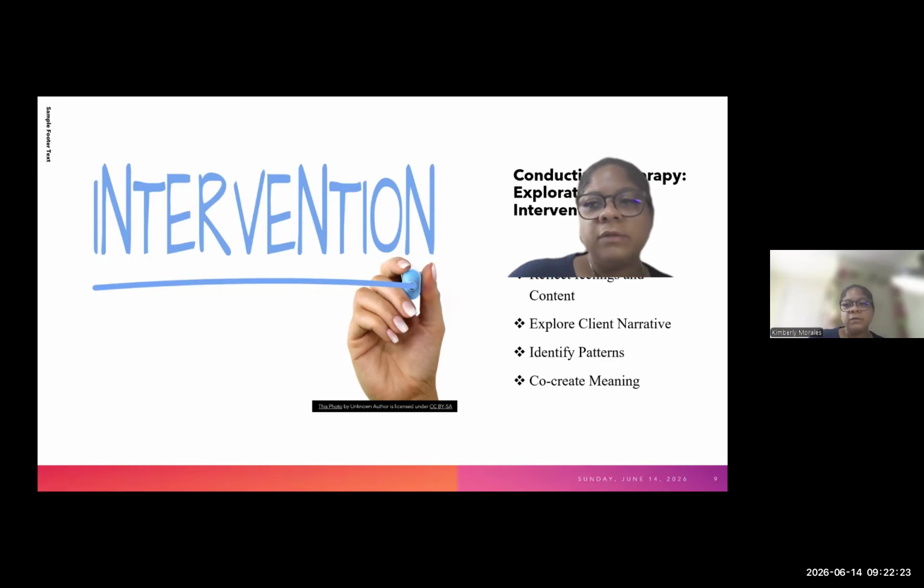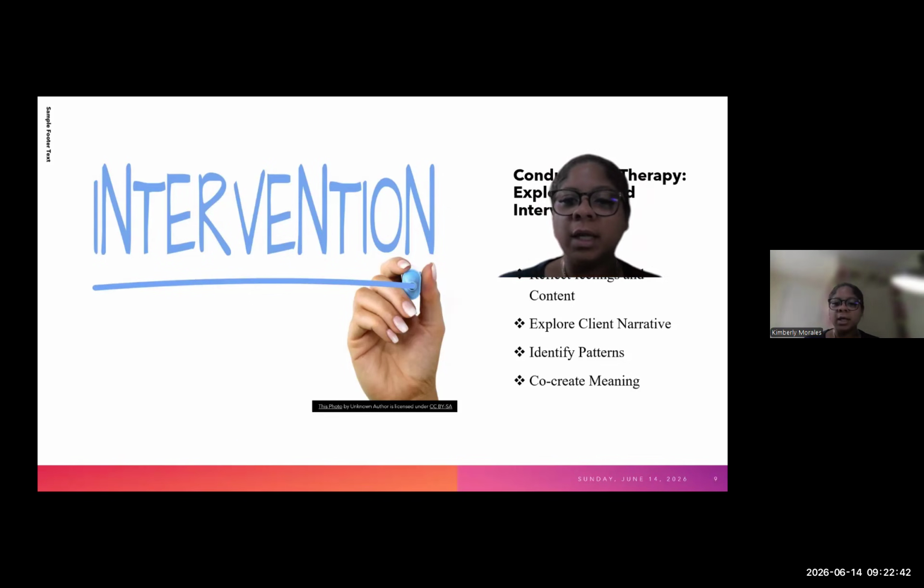The fourth stage of the process is intervention and problem solving. This includes reflecting feelings and content, exploring the client narrative, identifying patterns, and co-creating meaning. Helpers employ open-ended questioning, introspection, and active listening during exploration.